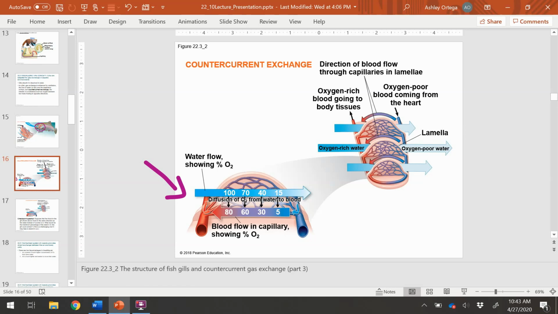And so here, it's going to keep going all the way across until it reaches the end of the lamella. It's going to keep exchanging because there's always going to be more oxygen in the water than in the circulatory system. And so that's how this works really well.